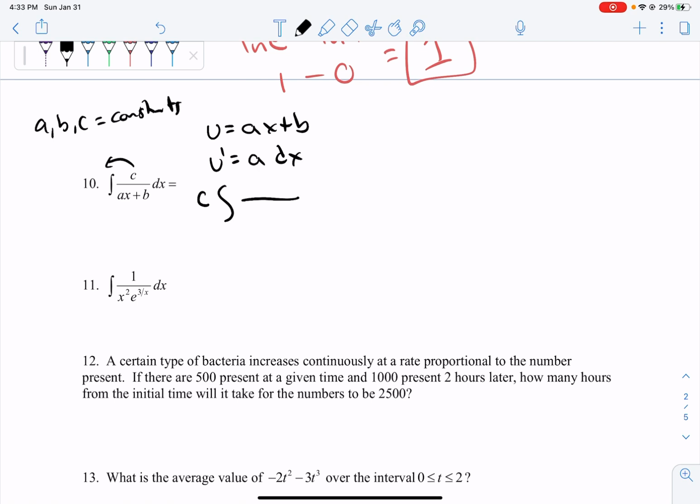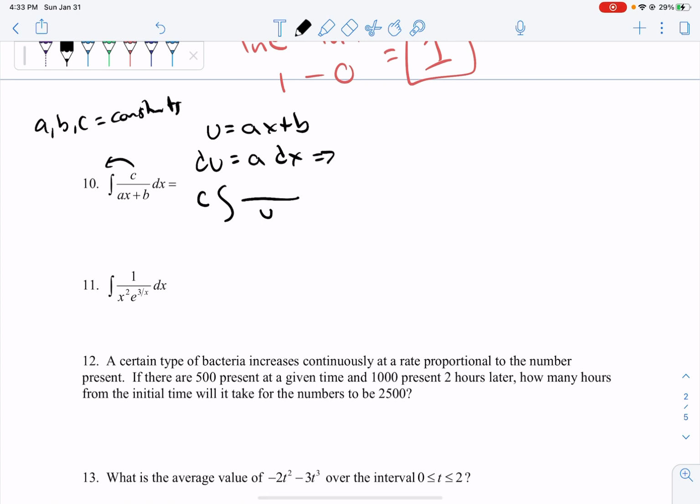My ax plus b I changed to be u. Maybe we should word this, though, du equals a dx. Now, I don't have a dx, I have dx.